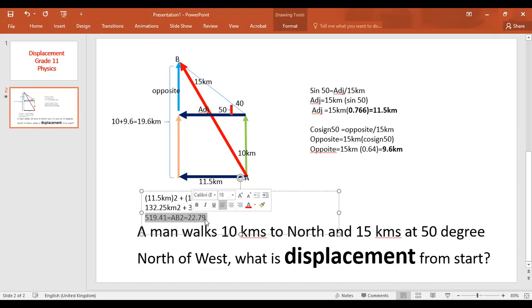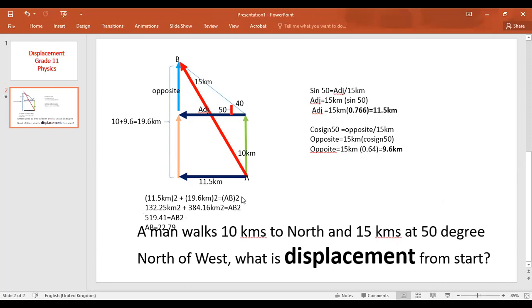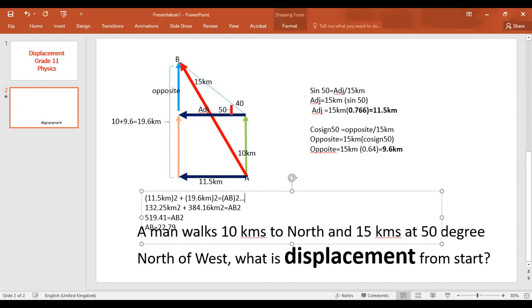Now, we have found the result. The distance between A and B, in terms of distance, is 22.79 kilometers.